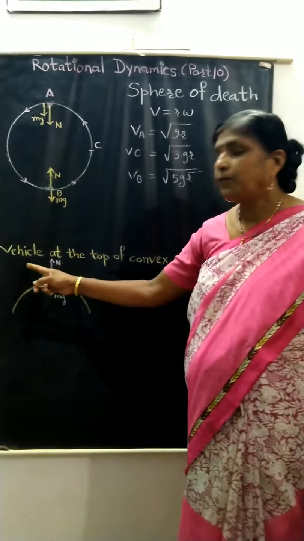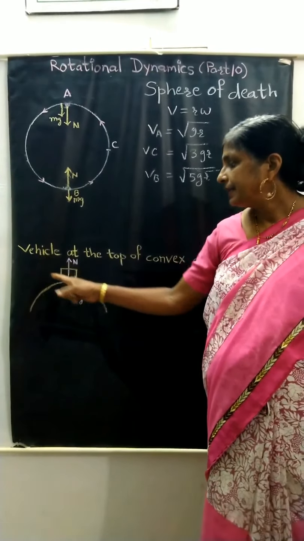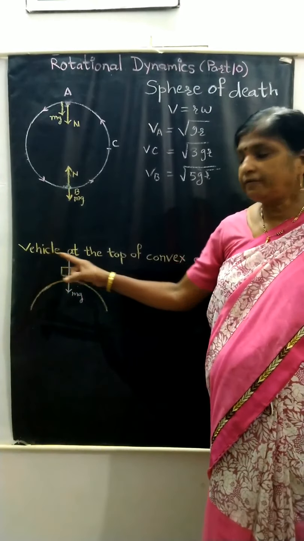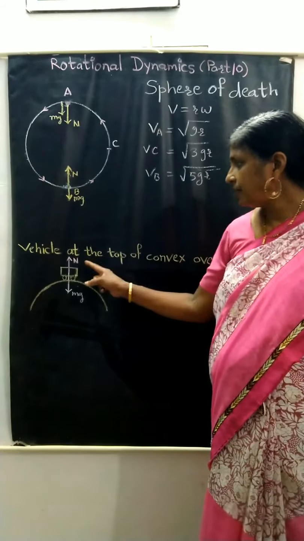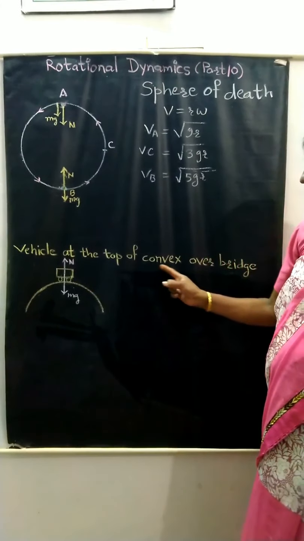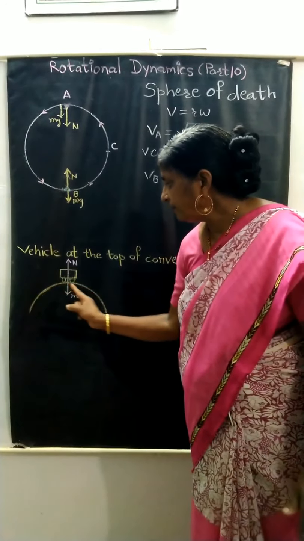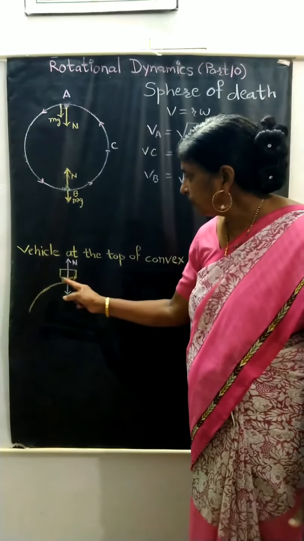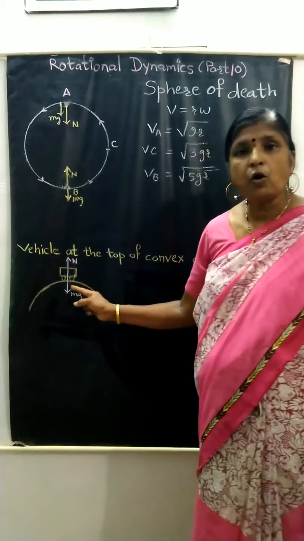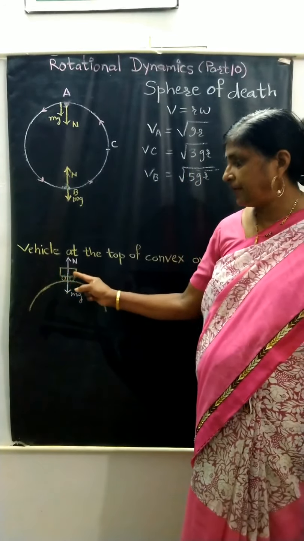Now, we have to calculate the maximum speed of the vehicle when the vehicle is at the top of the convex overbridge. Here in the figure, I have shown the vehicle at the top of the convex bridge.